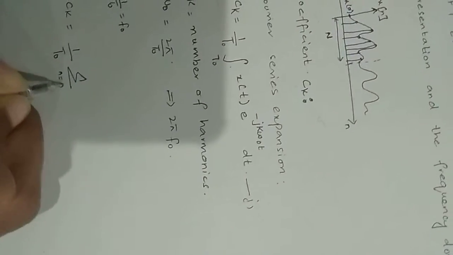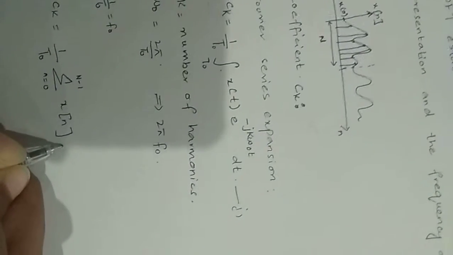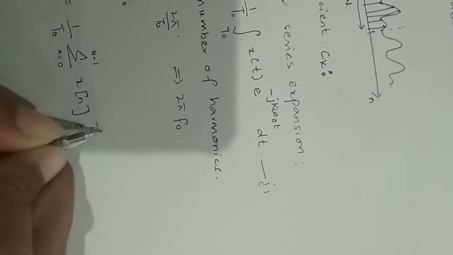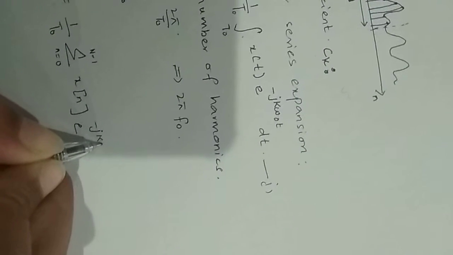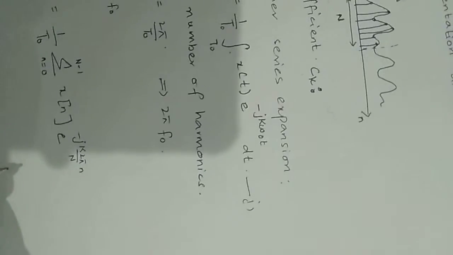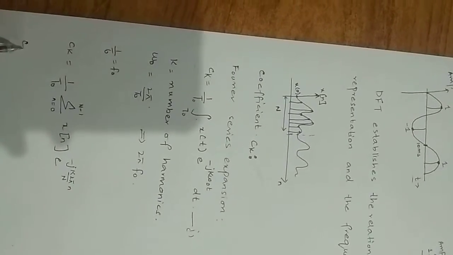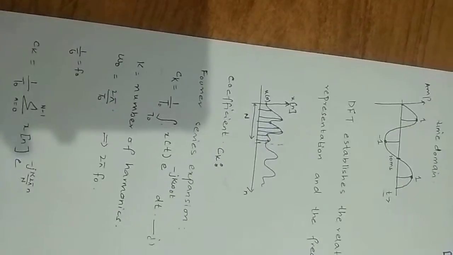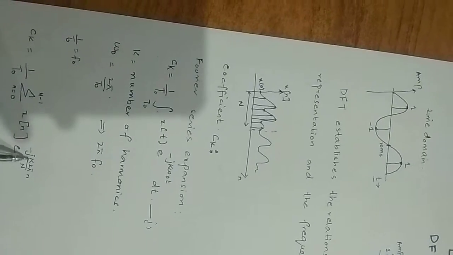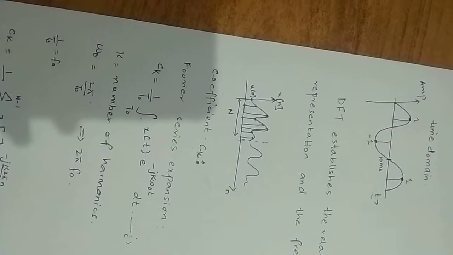Now here n is equal to 0 to N minus 1, x of n, and here we will get e to the power minus j k 2 pi n by N. Now we will calculate C of k plus N. We will put k equals k plus N.